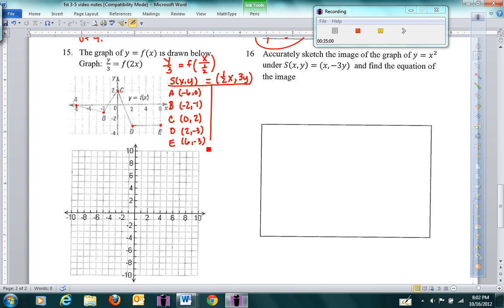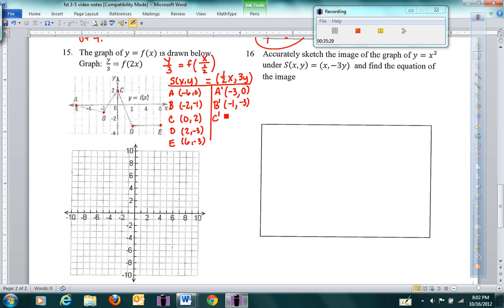All right, now we're going to run each one of those ordered pairs through the rule. So 1/2 times all the x coordinates, 3 times all the y coordinates. So my A prime point is going to be half of negative 6, which is negative 3, and then 0 times that 3 gives me 0. Okay, my B prime point, or my image of B, half of negative 2, and 3 times negative 1.